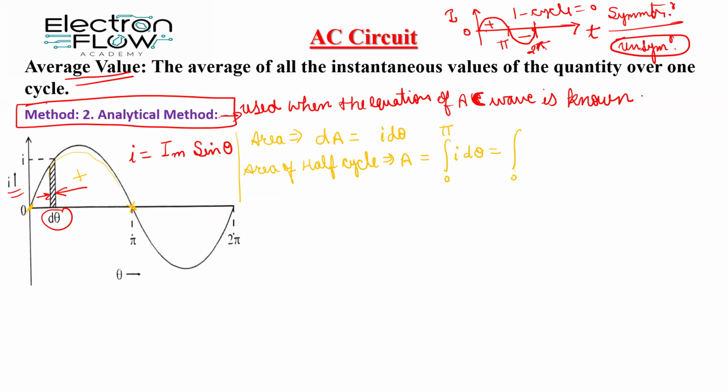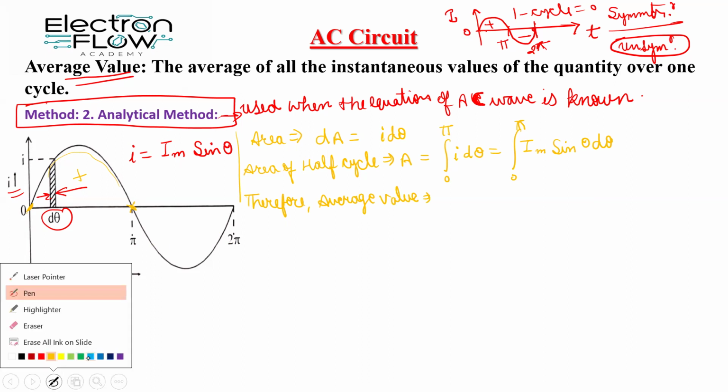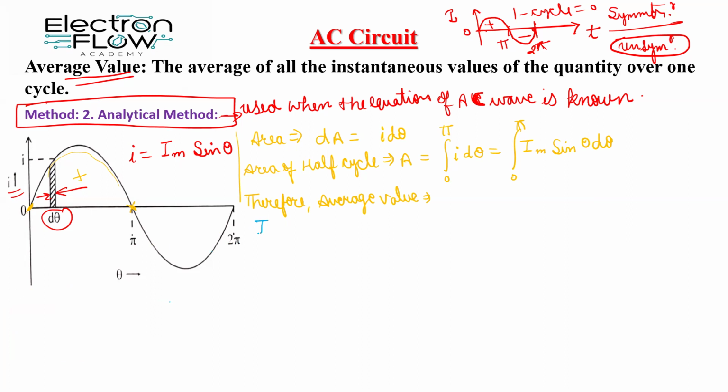As we know that the equation of i is Im sine theta, so the average value is given by I average equal to the area of the half wave divided by base.